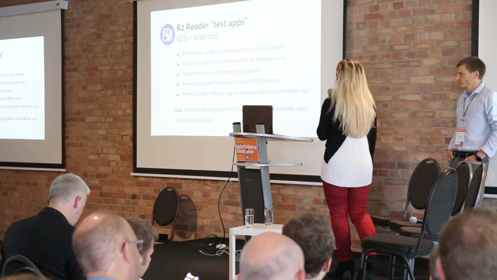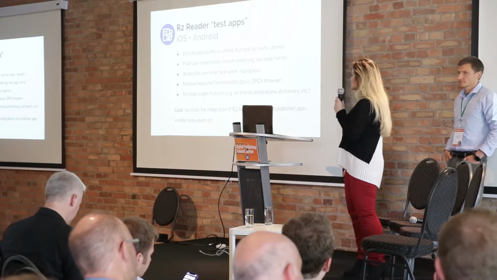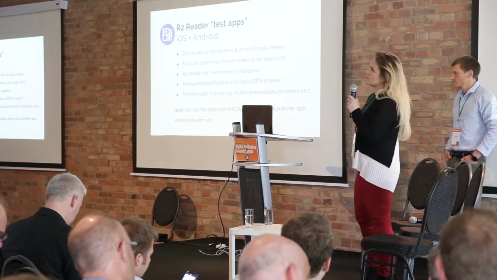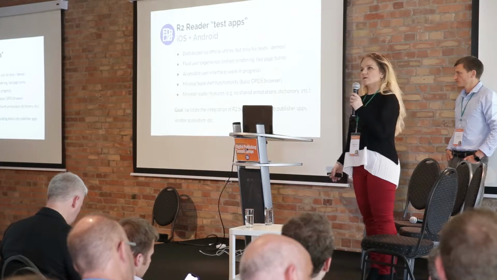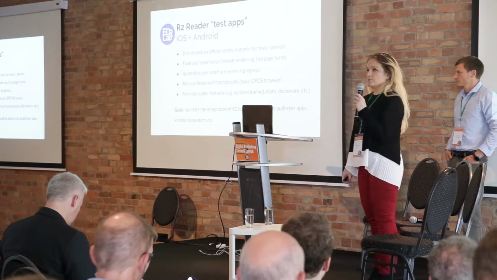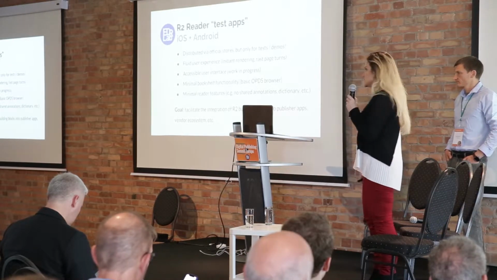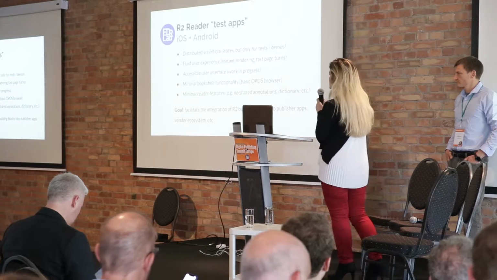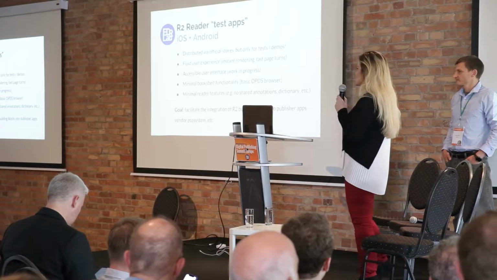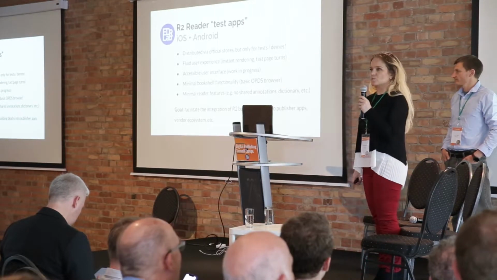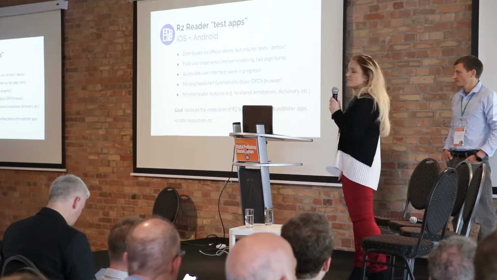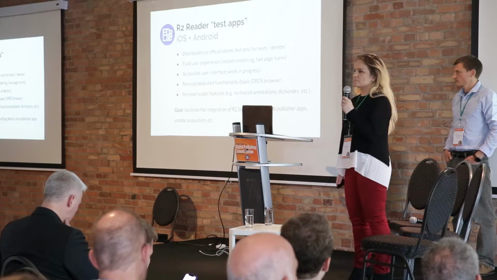The reader features are minimal, like we don't necessarily have shared annotations and dictionaries, but to get back to fostering a community, that's where the community can jump in, taking this as a test app, testing it, seeing the rendering of the content. The goal then is to facilitate the integration of R2 building blocks, because that's what we are creating, the building blocks, into publisher apps, vendor ecosystems, and so on.